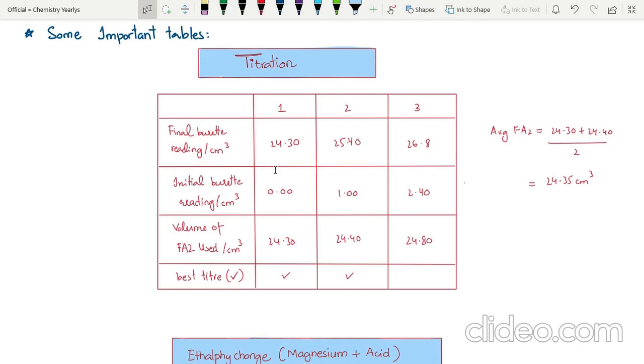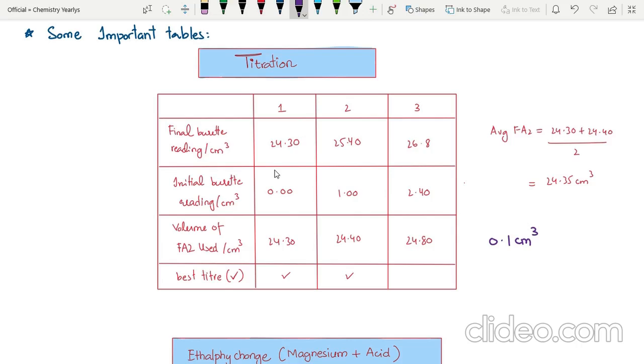Then you have to show the concordant results. What do I mean by concordant results? Concordant results are those results which have a difference of 0.1 cm cube. Like you can see, 24.30 or 24.40.